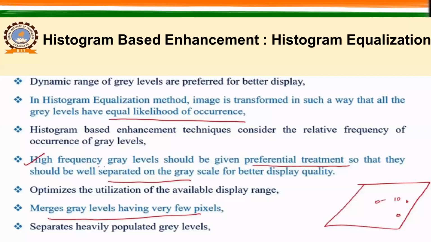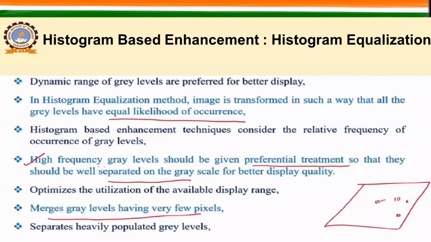For the brighter portion, or here it is saying high frequency, it optimizes the utilization of the available display range, and it optimizes the histogram so that the whole range 0 to 255 is used in the display, right? And it merges gray levels having very few pixels, very few DN values.